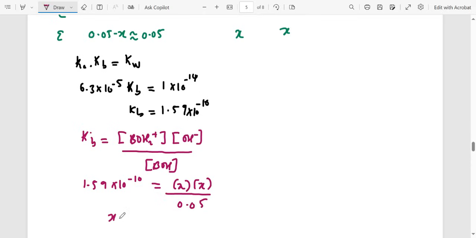So X by X, that's X squared, and that is going to be equal to 1.59 times 10 to the power negative 10 multiplied by 0.05.